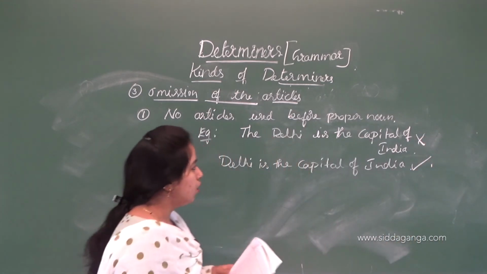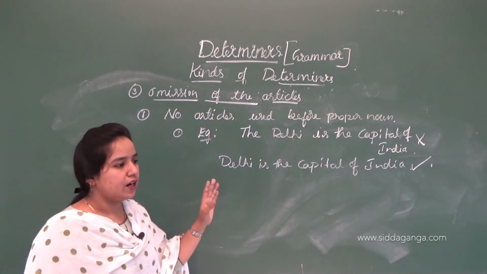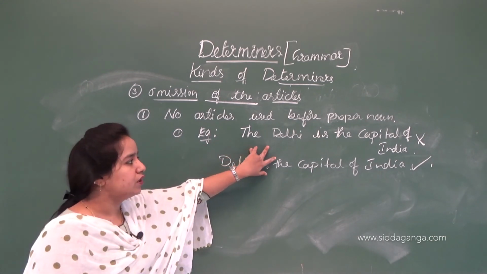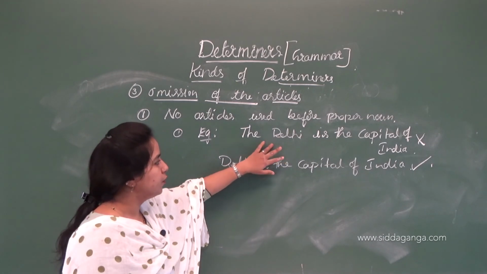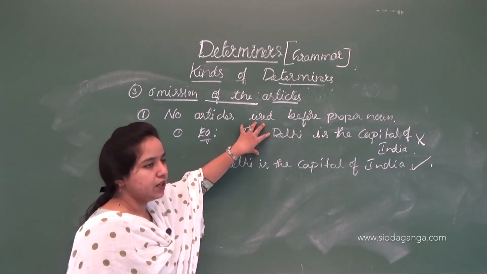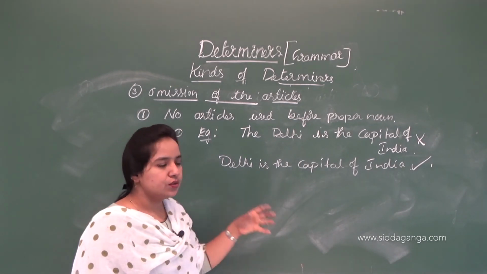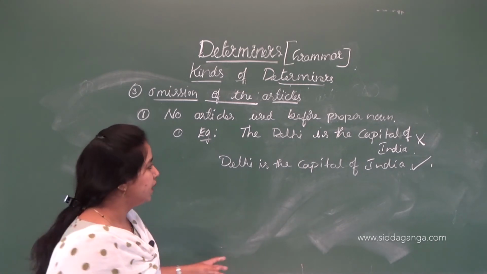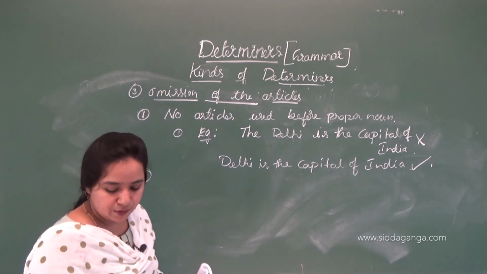According to the rule, there is no article used before a proper noun, so we should not use the definite article here. We use "the" to talk about a particular place or thing, but not for proper nouns according to the grammar rule.